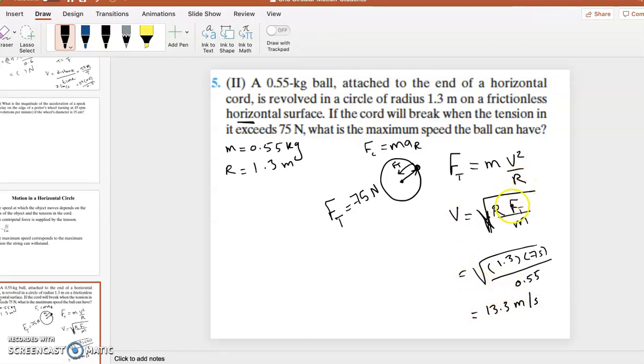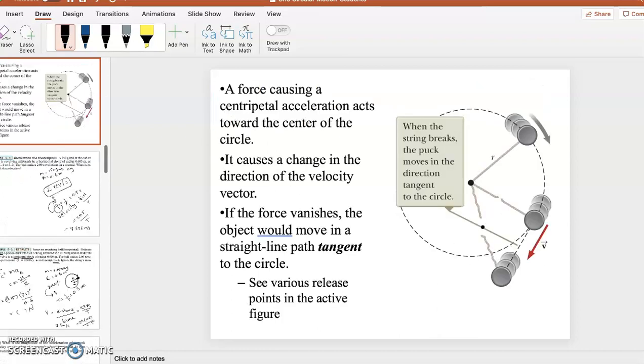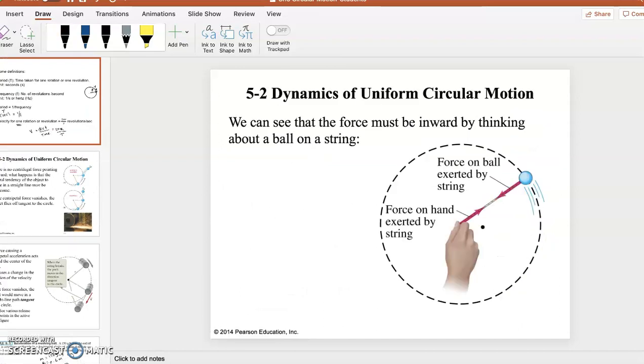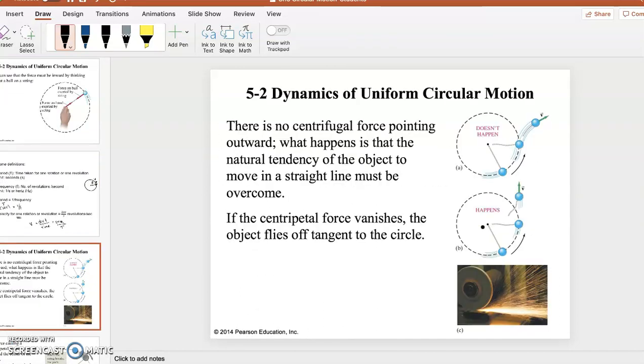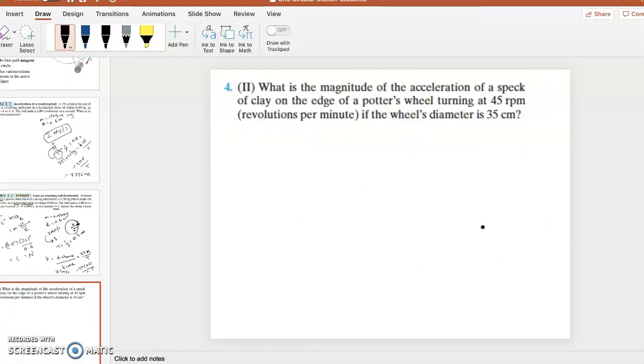So you see, earlier we had an equation for the velocity. Where is it? This one, distance divided by time. This is the original one. But from that, we got the one that's the square root of mu_s g times r.